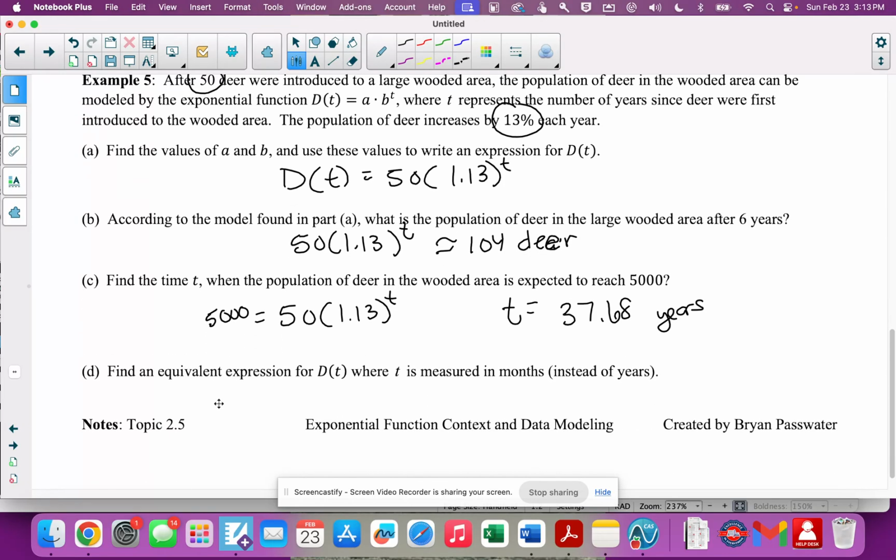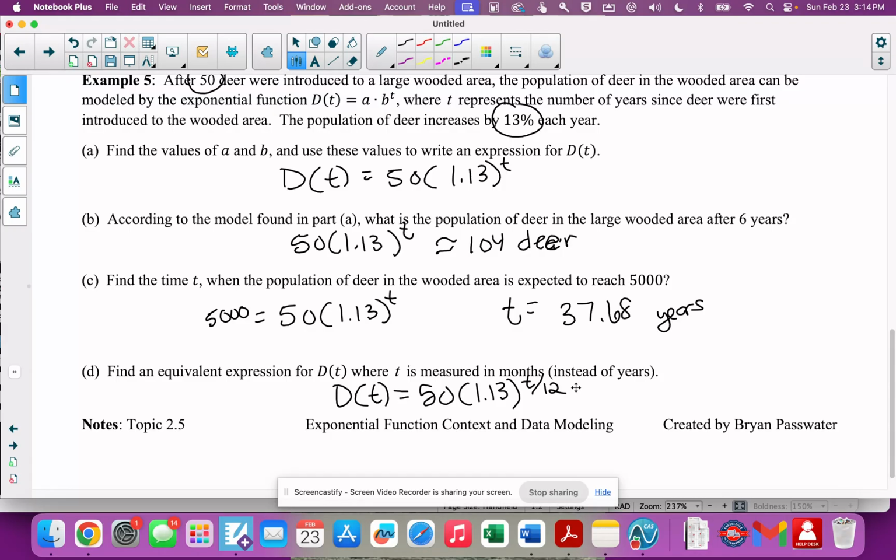Okay, so this one has to do with being able to rewrite your exponents. If t is measured in months instead of years, this is how the function is going to look. Okay, so 50, 1.13, t divided by 12. And that's the only difference.